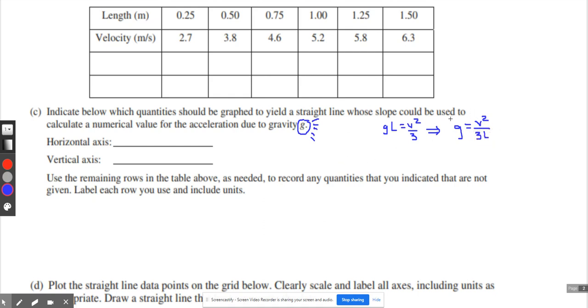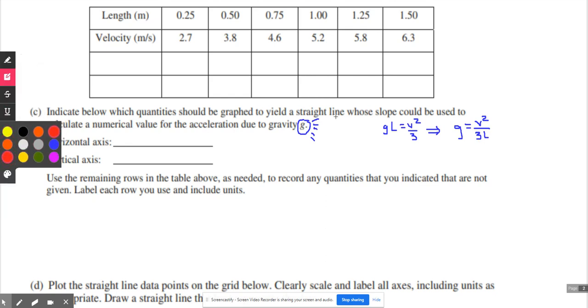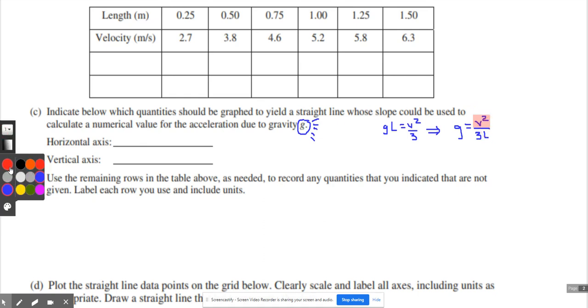And that's what I'm going to use here. This top part is going to be my rise of a graph, and this bottom part is going to be my run for a graph.